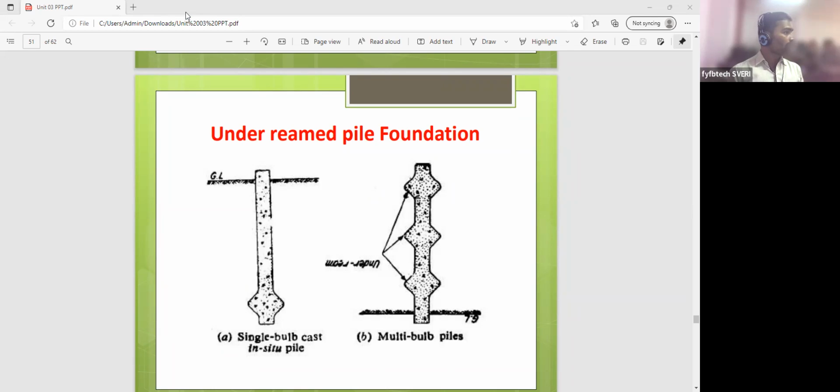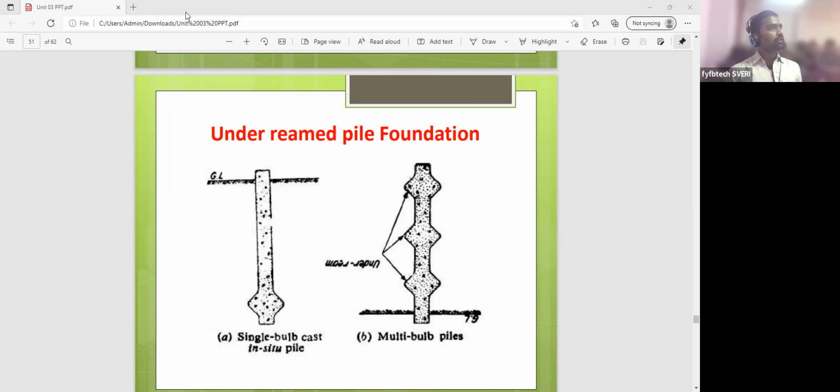That is called precast. Pre means before: before going to place, we are casting. Cast in situ means we go to the site and cast there.